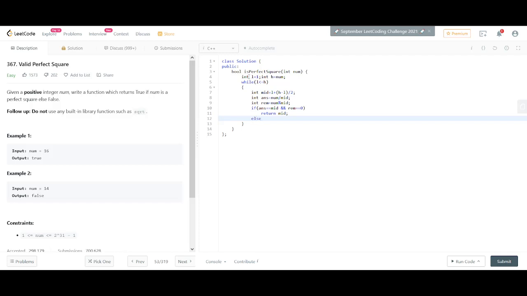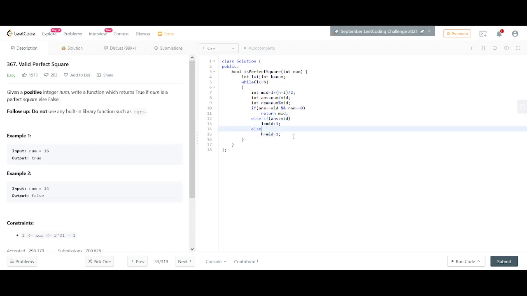Else, if our answer is greater than mid, then low should be increased, the value of mid should be increased. In order to increase the value, we set low equal to mid plus one. We increment the low value in case the mid value is less.